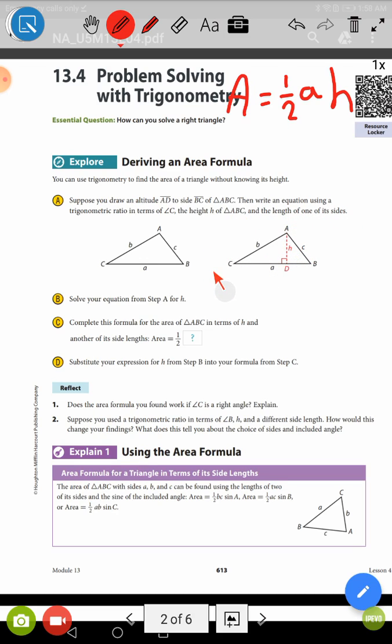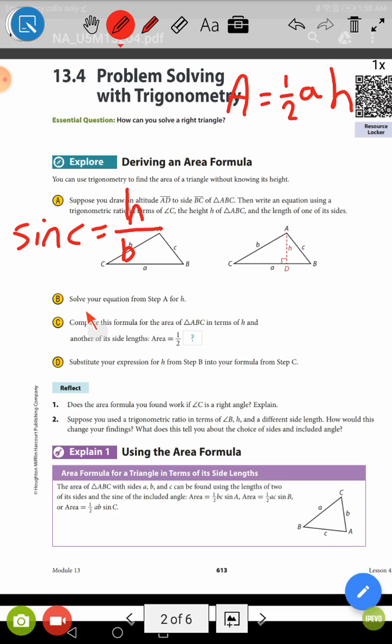So we will use sine C, for example, because sine C contains h and b. So we will write sine C equals opposite over hypotenuse b. That's the first.